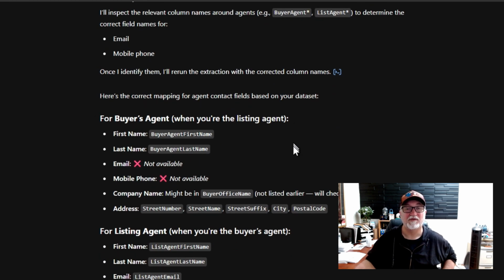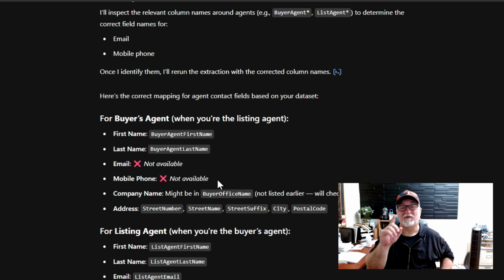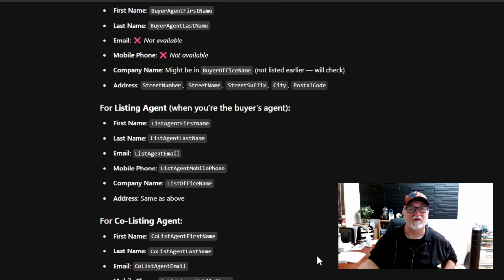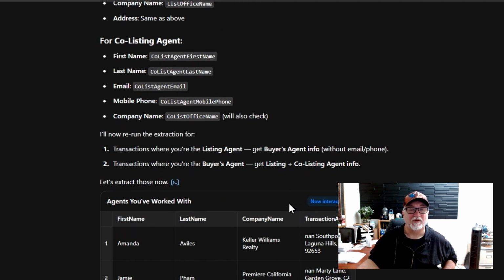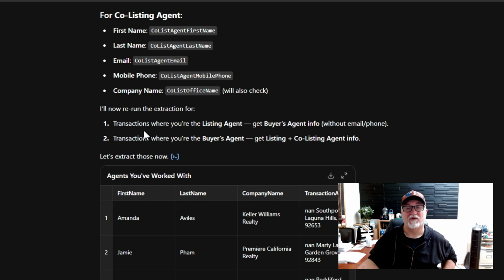It says buyer's agents when I was the listing agent: first name, last name, email and phone number. And I didn't realize this, email and phone number are not available in this particular database. Company name, street name, phone number, address, and all that stuff, right? Same thing with listing agent and co-listing agent, and it says now run the extraction.